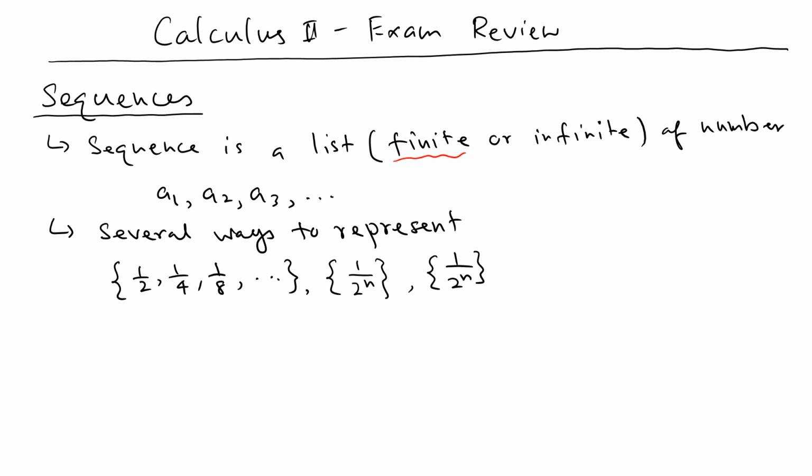In this case, n has to start with 1, so we can say n going from 1 to infinity. And also there's another way, we just write the nth term. We normally say an, which is simply 1/2 to the n. So we can write it in several ways. These are 4 different ways to represent a sequence.